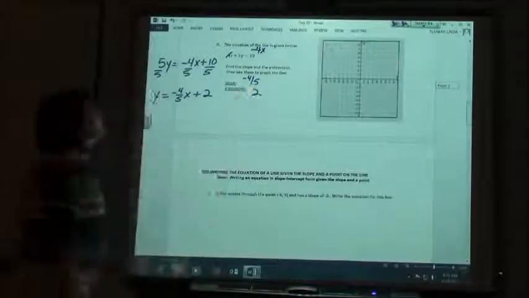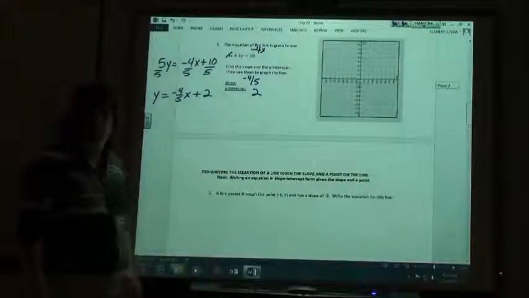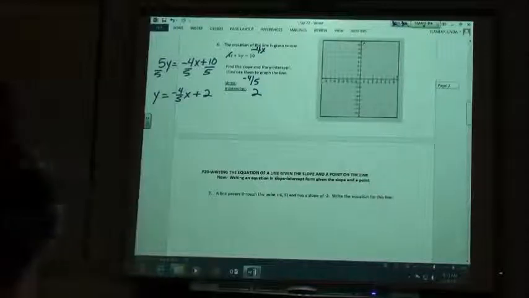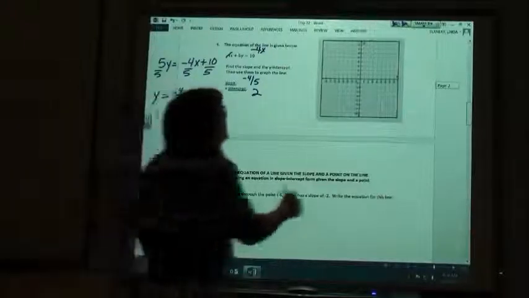So if I'm going to graph that, what's the first thing I'm going to do? You are going to go down 4. Before I do that, the first thing I've got to do is plot the y-intercept, so I have a point to start from, right? So I'm going to plot the y-intercept at 2.